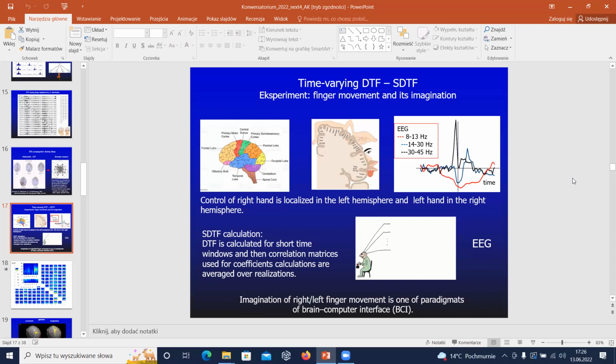And the sounds and the meaning of words, the so-called verbal cortex, are in the temporal lobe. And in fact, they determined the propagation in such an experiment where words were spoken and repeated. And they determined this by means of DTF, and it was a very interesting result.